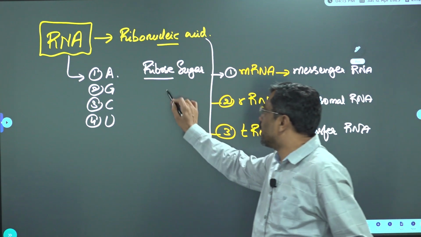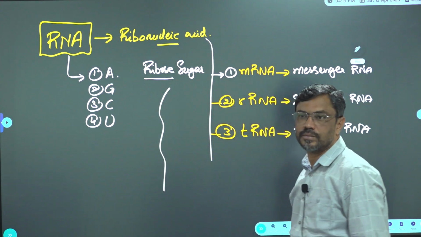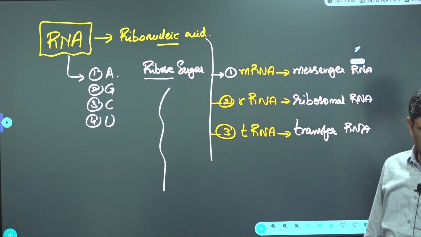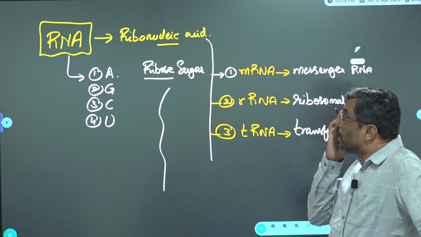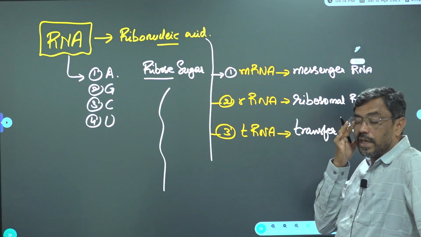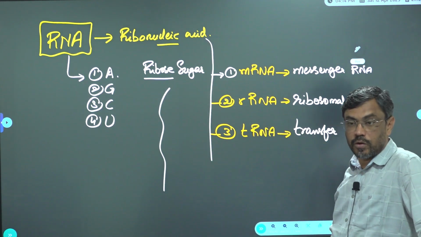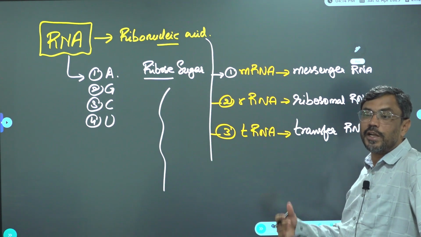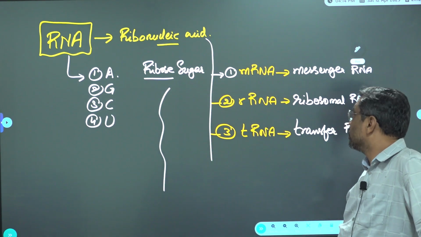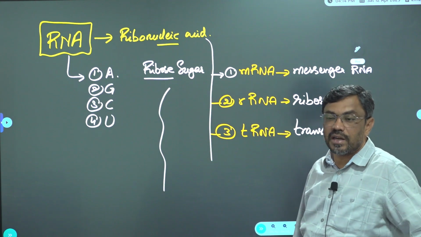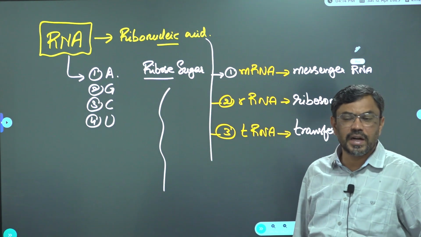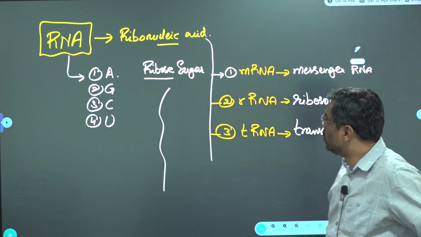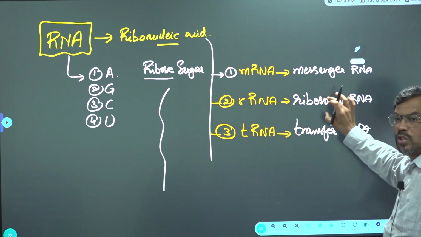It is single stranded, whereas DNA is double stranded. RNA contains adenine, guanine, cytosine and uracil nitrogen bases and ribose sugar. Just to remember the names: mRNA is messenger RNA, rRNA is ribosomal RNA, tRNA is transfer RNA.